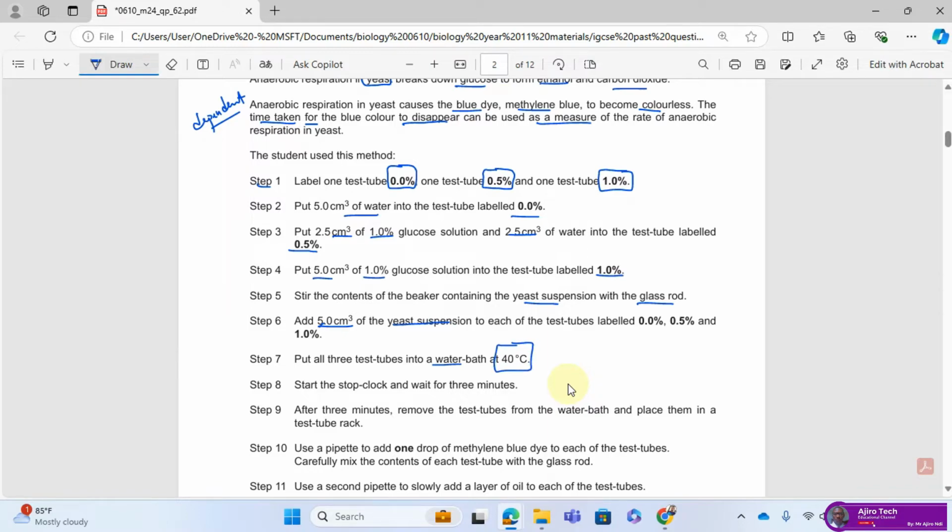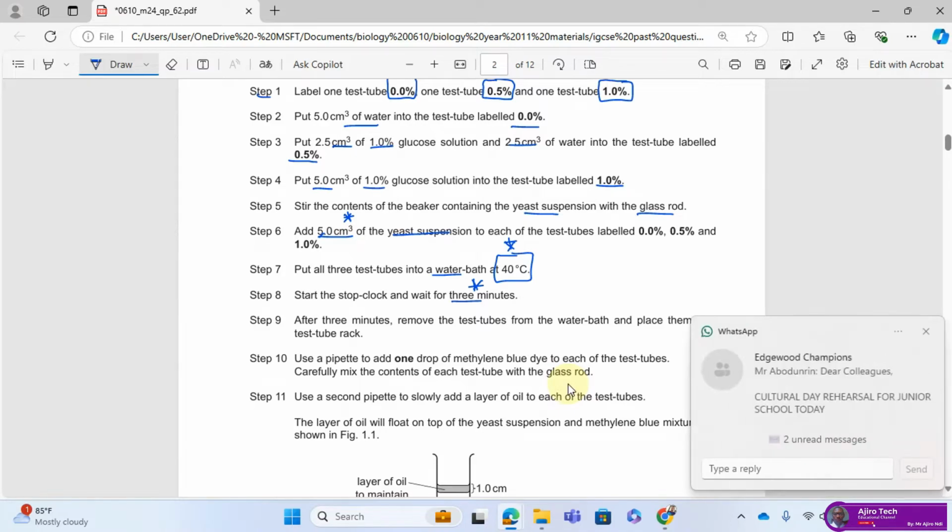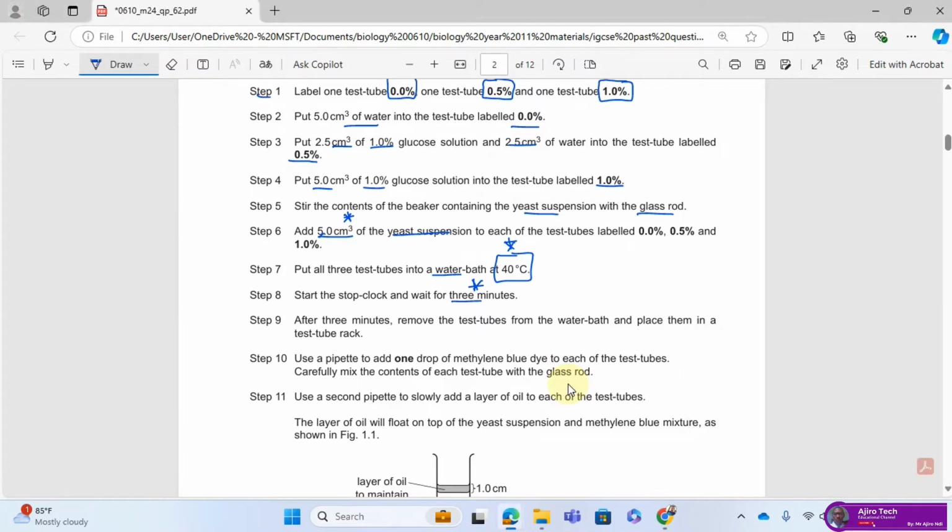So we can see some things that are being kept the same: the volume of yeast suspension, the temperature, and the time. Also they said start a stop clock and wait for 3 minutes. So these are some values that we have kept the same in the experiment. After 3 minutes, remove the test tubes from the water bath and place them in a test tube rack.